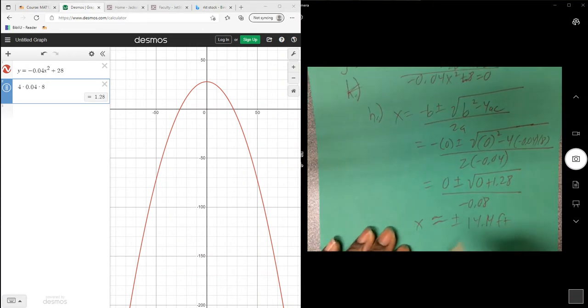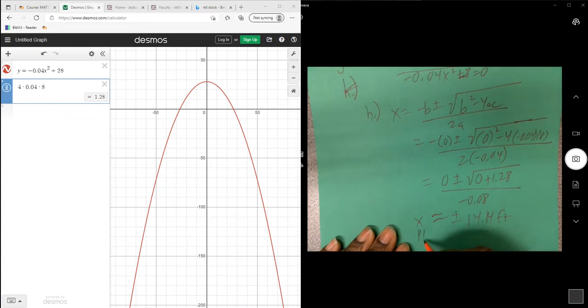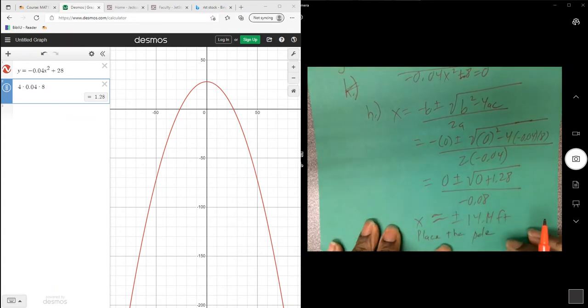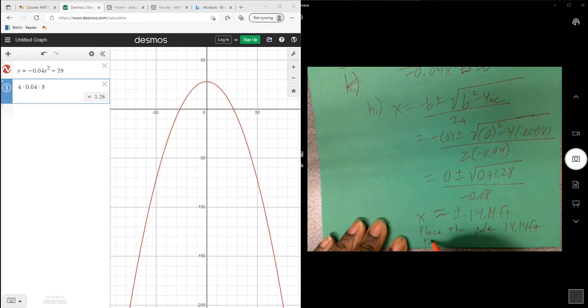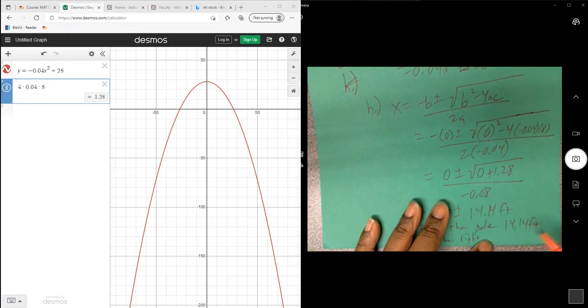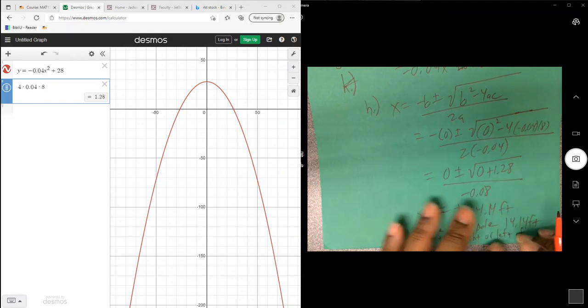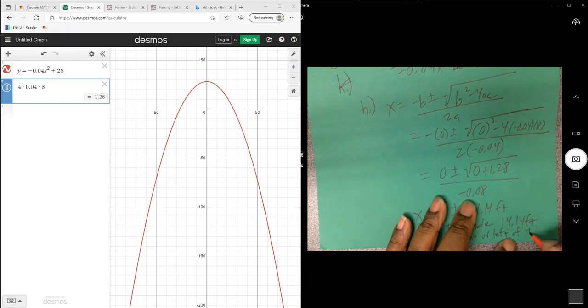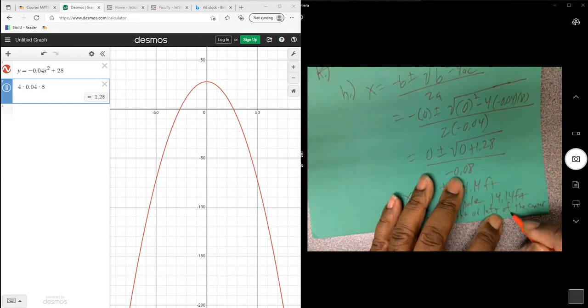So we would place the pole 14.14 feet to the right or left of the center of the arch.